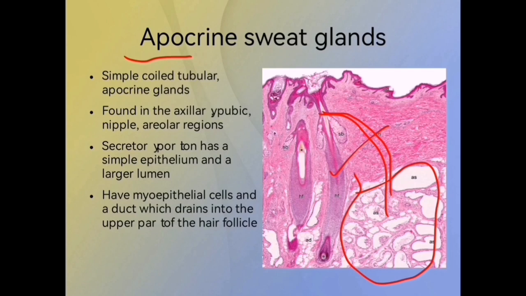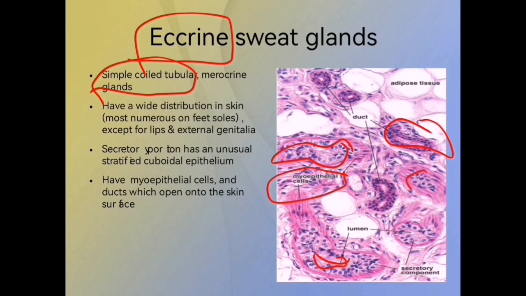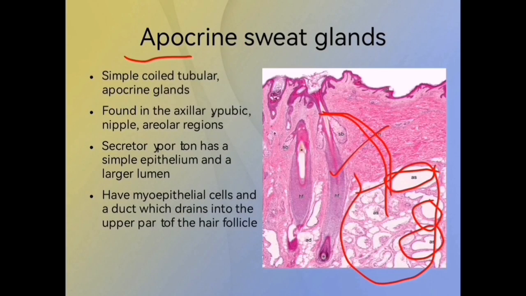In contrast to the eccrine sweat glands, as a distinguishing feature, they have a much wider lumen. The secretory portions have a much wider lumen as compared to the eccrine sweat glands, which have a smaller lumen. They also have ducts with wider lumen, and the epithelium of the secretory portions is simple epithelium, one cell thick.